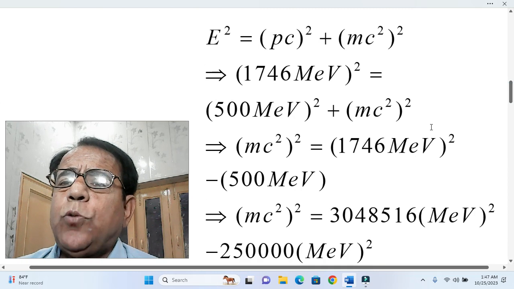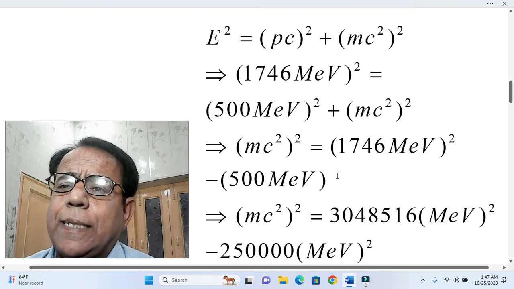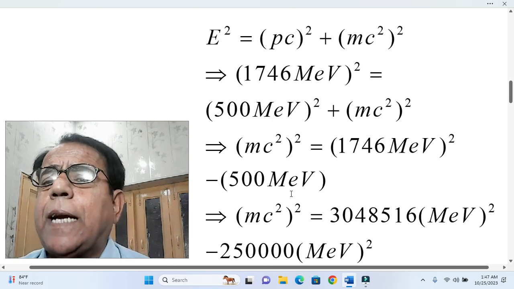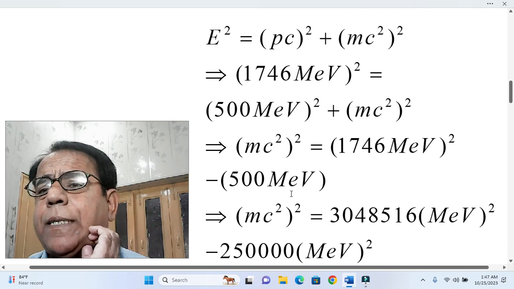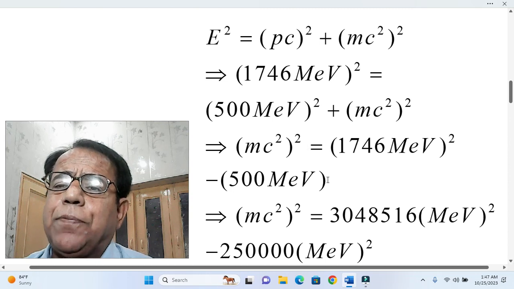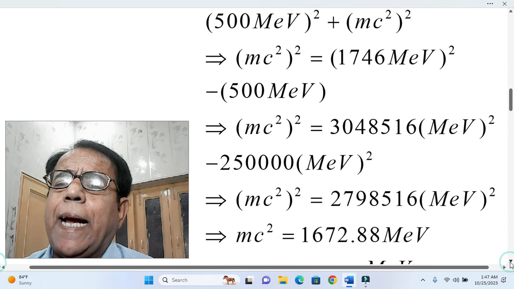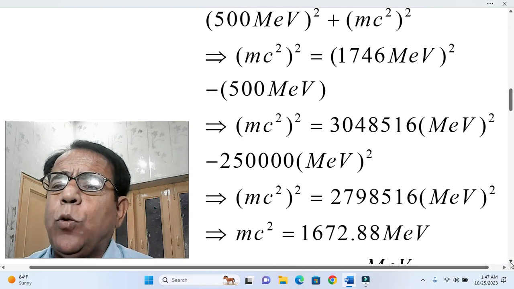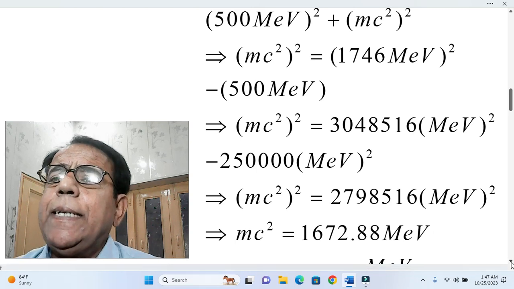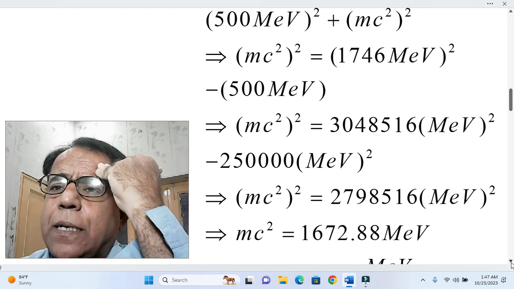We keep mc square whole square on one side, and hence 500 million electron volt will be shifted to the other side of the equality and it will be subtracted. Before shifting it is positive and after shifting it will become negative. This implies that mc square whole square is equal to 1746 million electron volt whole square minus 500 million electron volt.